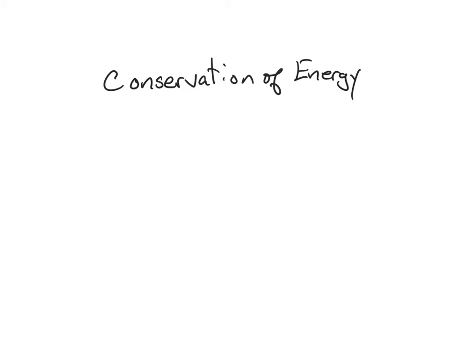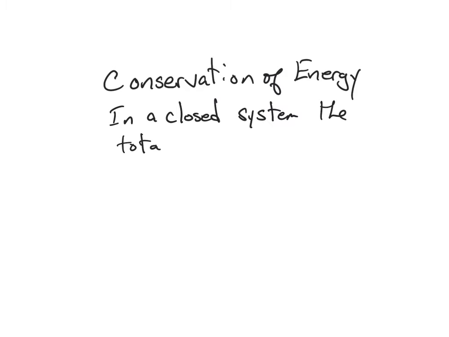And we're going to talk about our systems in the same way when we talk about energy. The conservation of energy simply says that in a closed system, the total energy of the system does not change.